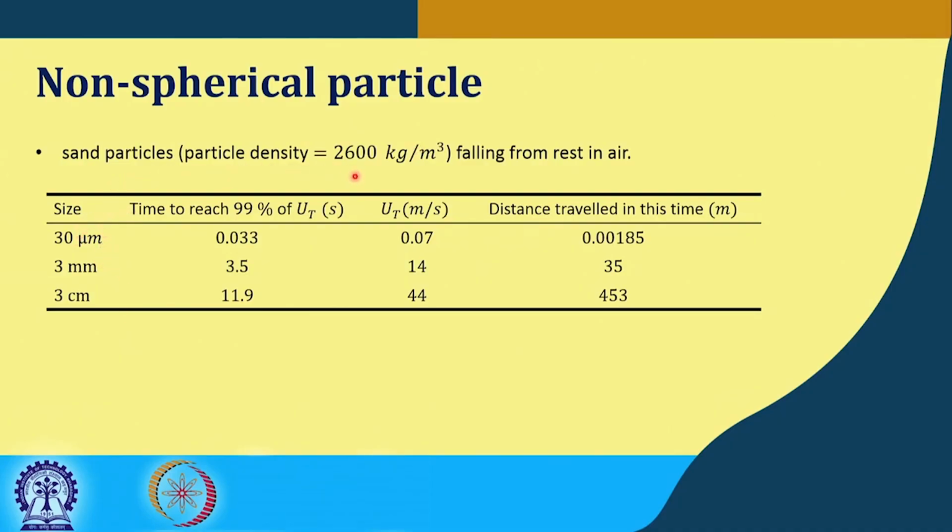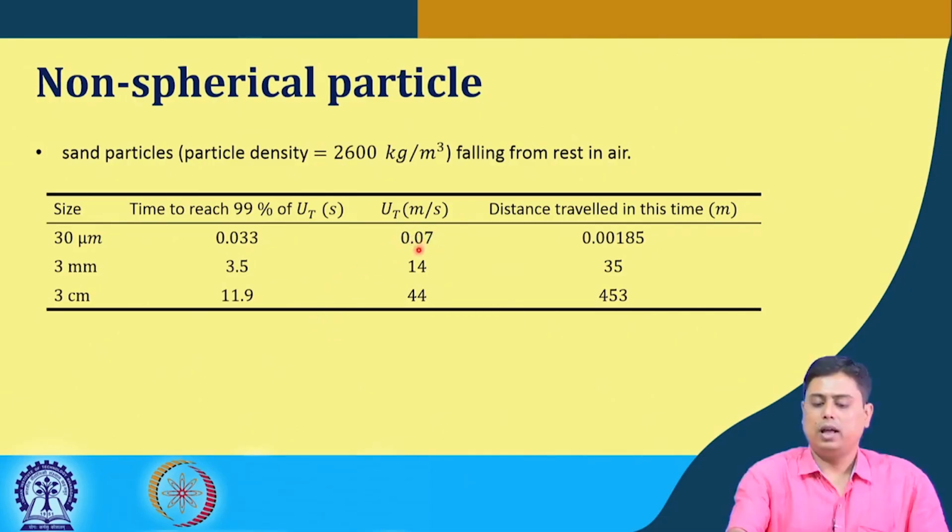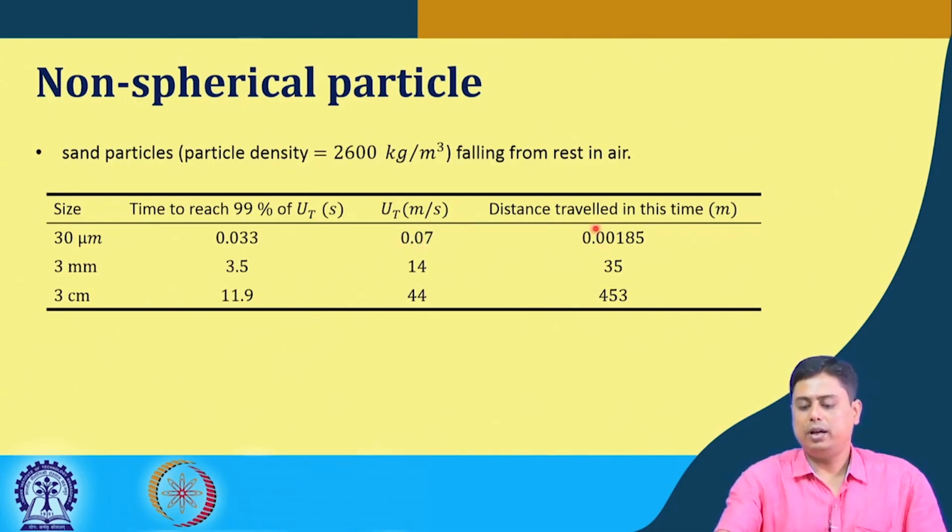Sand particles of density 2600 kg per meter cube are falling from rest in air. If the sand particle is of 30 micron diameter, it reaches 99% of its terminal velocity, which means it attains a kind of equilibrium. We can consider its terminal velocity at that point as 0.07 meter per second.